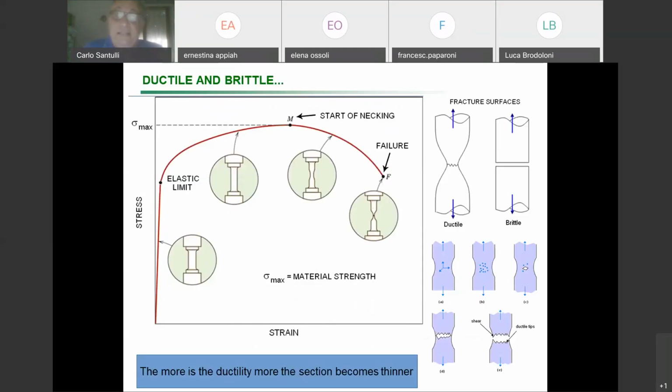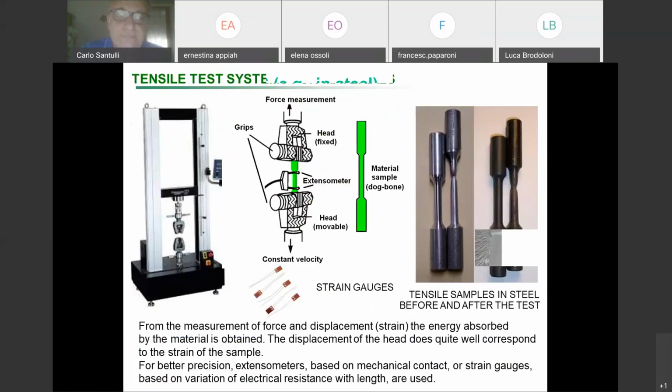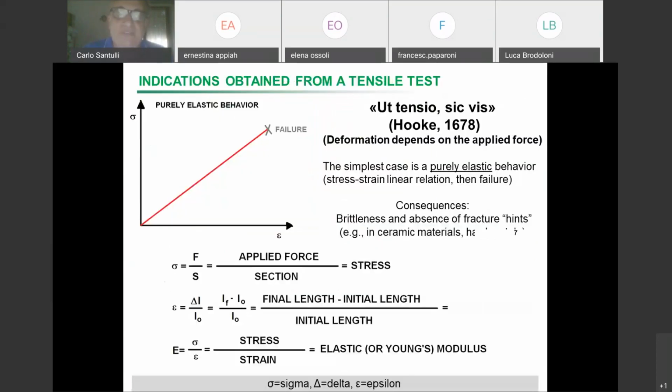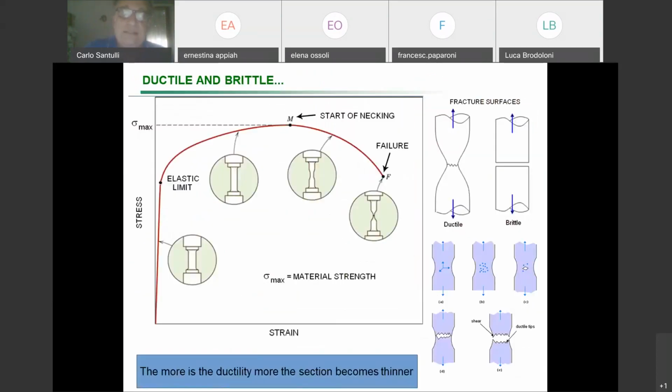So here we are back to our steel sample. This is basically what happens: the curve you will find from this sample is about like that.